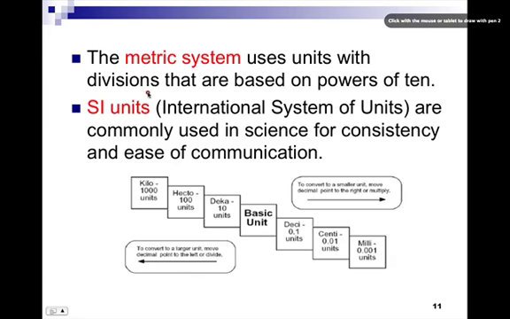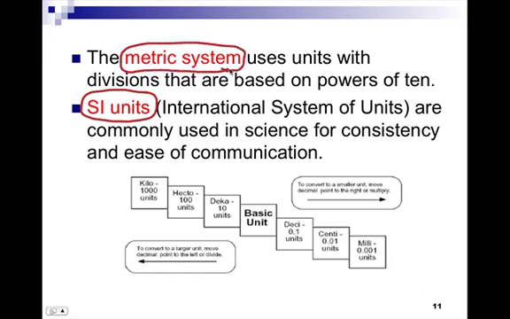So, SI is the same thing as the metric system. This is our common term that we use in order to talk about the system that we're using for measurement. SI is what they use in the science world.